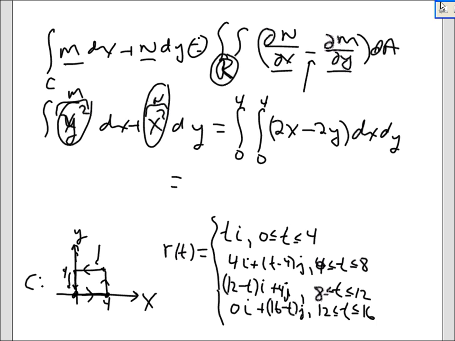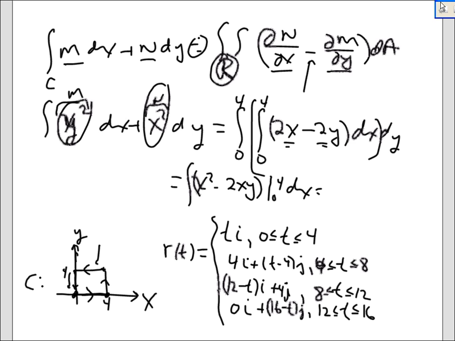If we integrate with respect to x first, we get x squared minus 2xy from 0 to 4. You plug in 4 for x, you get 16 minus 8y.